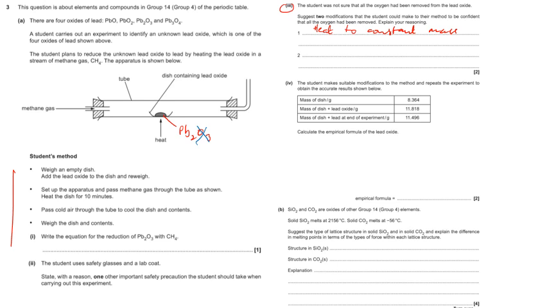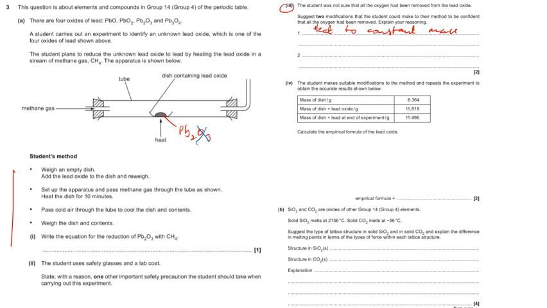One of the other acceptable answers, of which there are several, would be to continue passing methane over the lead oxide, the sort of stuff that's left, after you've stopped heating it. All right.